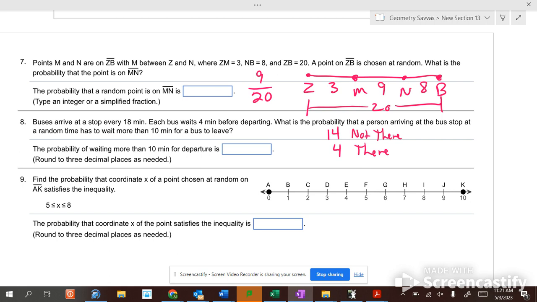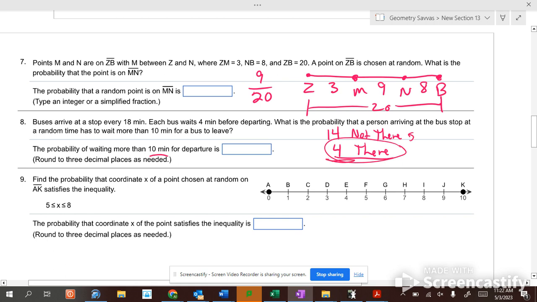Okay, so if you're going to wait for a bus for more than 10 minutes, it's there for 4 minutes of this, so you're really not waiting here, okay? So this is 10 minutes or less for it to depart. How many minutes, if 4 minutes are spent while it's there, how many minutes there make it less than 10?